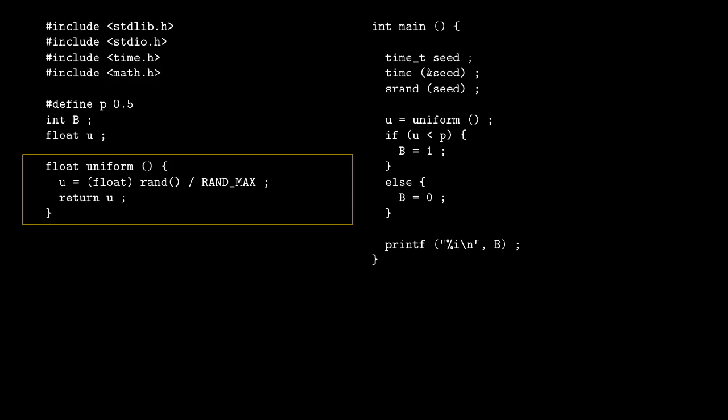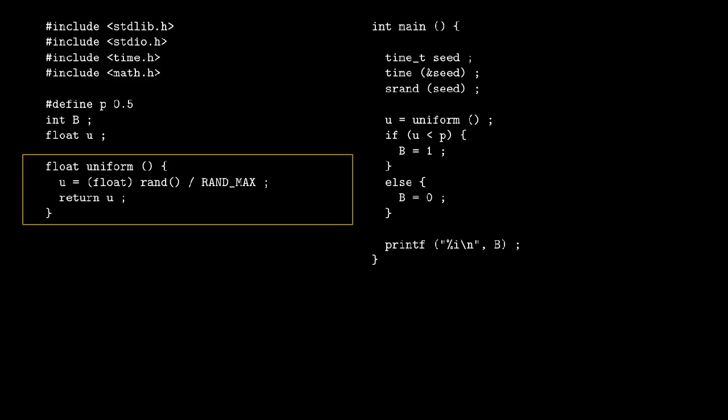So with this rand command, you choose uniformly at random an integer between 0 and something big, and this something big is called RAND_MAX. And that's the other command you see on the screen. If you divide by RAND_MAX, you put a float before to make sure that this number is really a real number, and not an integer like you would get with a Euclidean division.